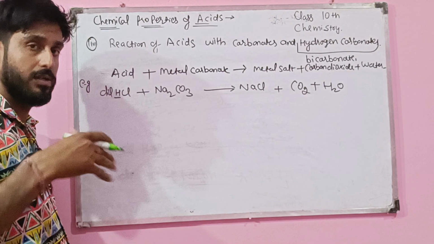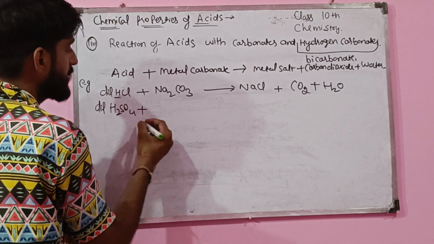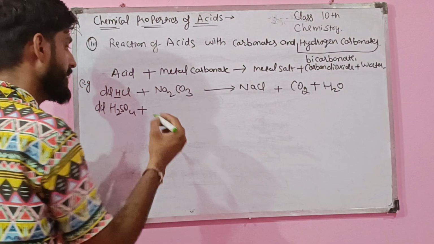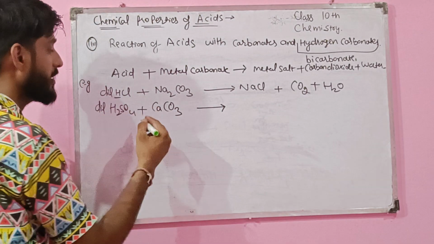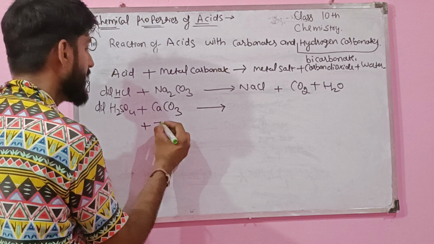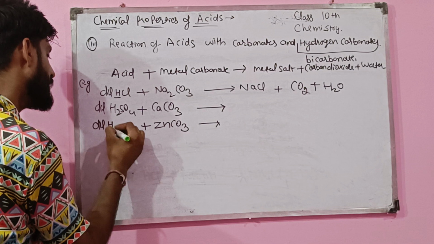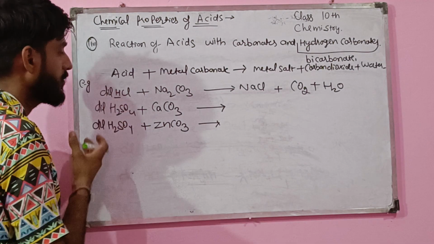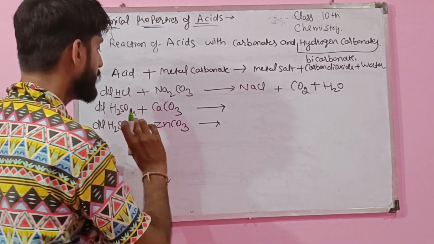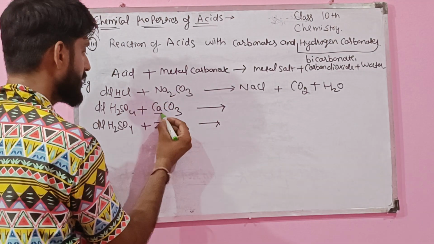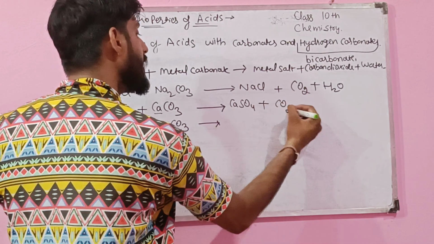We can also take another example. When dilute sulfuric acid reacts with a metal carbonate like calcium carbonate, or carbonates of different metals like zinc carbonate, and in place of the acid we can take sulfuric acid, dilute hydrochloric acid, or nitric acid, calcium sulfate, CaSO4, is formed with carbon dioxide and water.